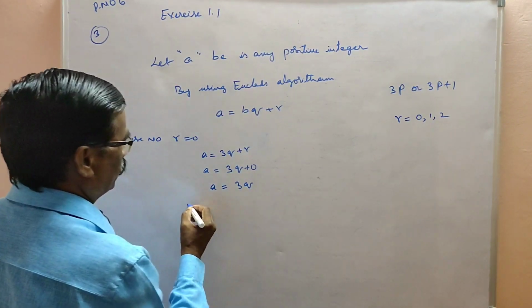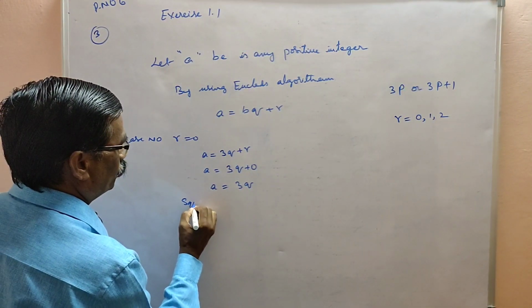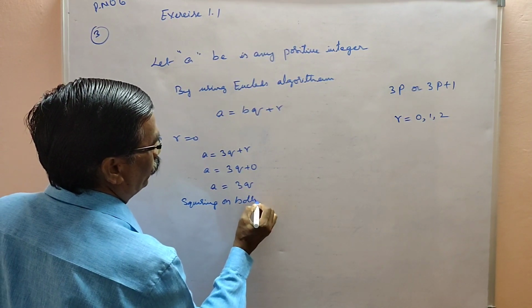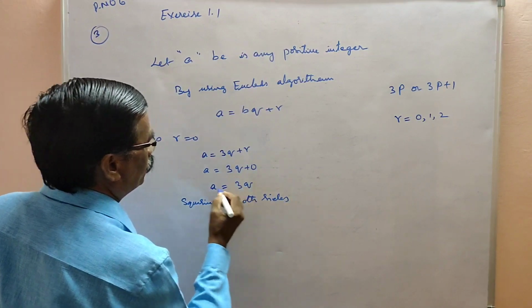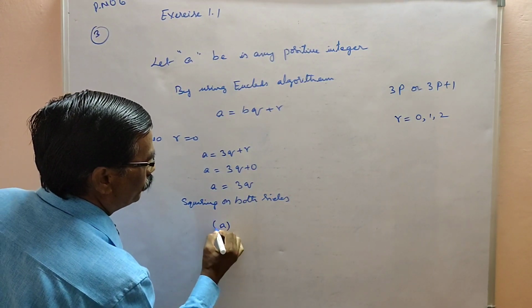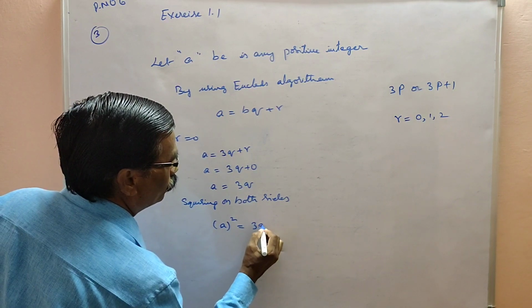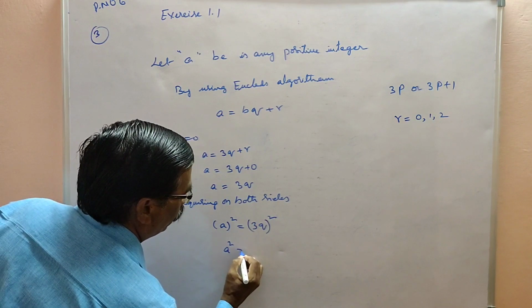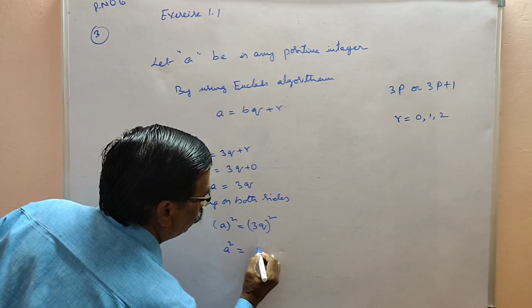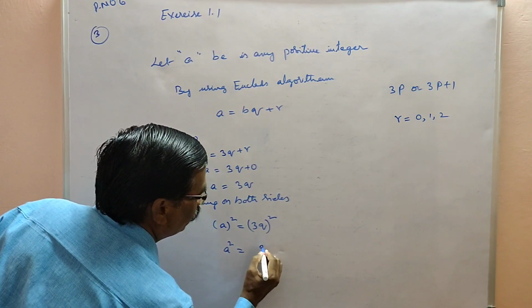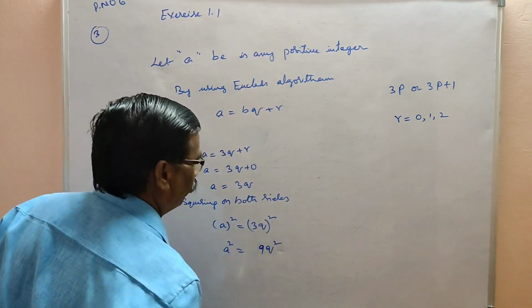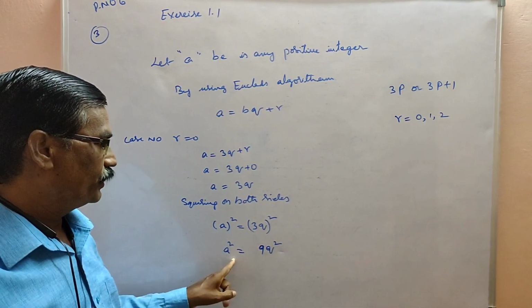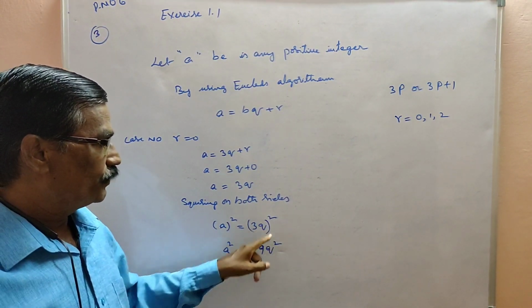Now squaring on both sides, a square equal to 3q whole square, which means we can write 9q square.